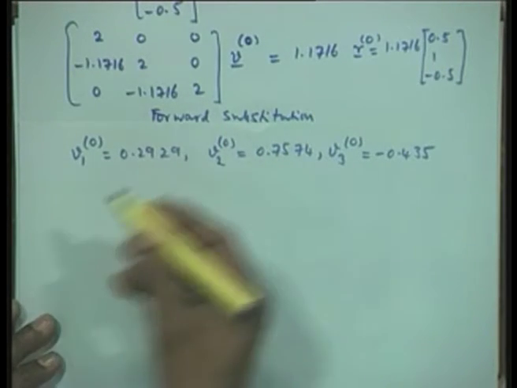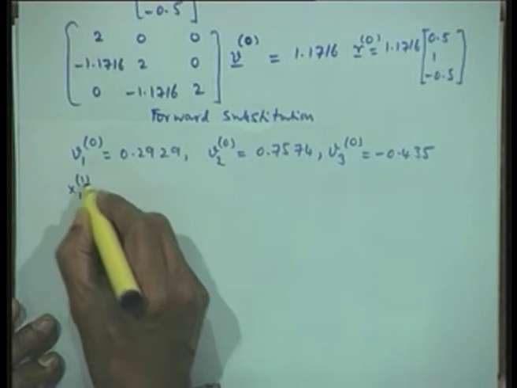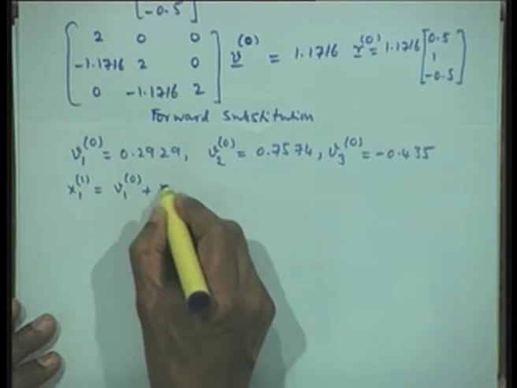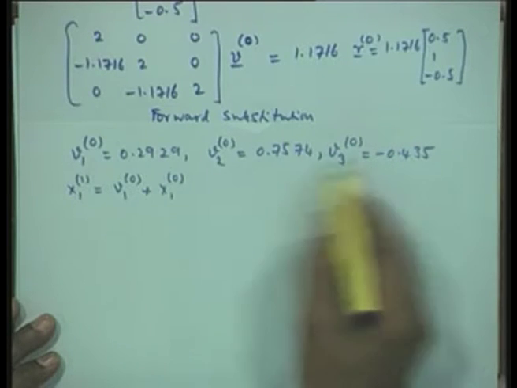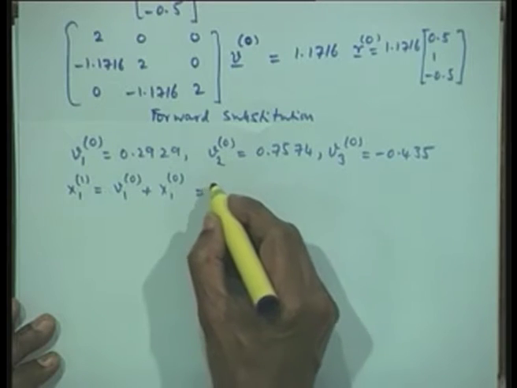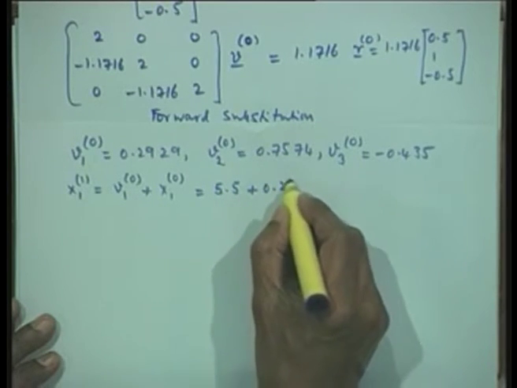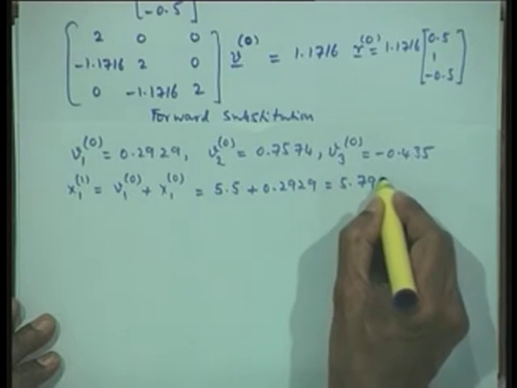Now I generate my new value. The computed value will be x1 of 1 is equal to V1 0 plus x1 of 0. So that is the increment. Therefore I will write this as x1 0 plus V1 0, and x1 0 was given as 5.5 and I have this as 0.2929. So I will have 5.7929.